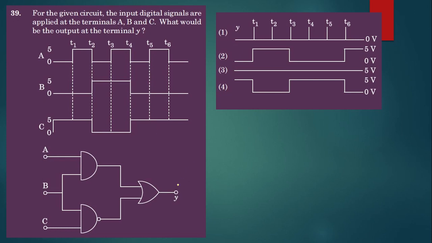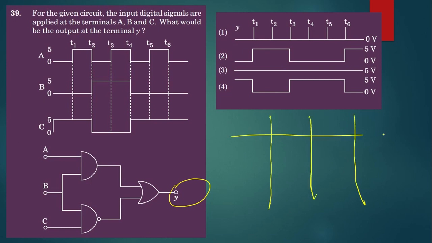First, the final logic operation of the output. Second thing is the truth table of this circuit. If you know these 2 things, you can solve any circuit, any problem based on digital electronics. So let's attempt this question. Let me write down the truth table for this particular circuit: A, B, C and Y.